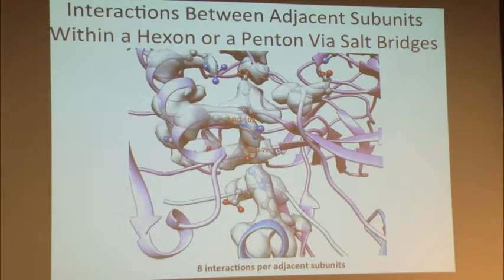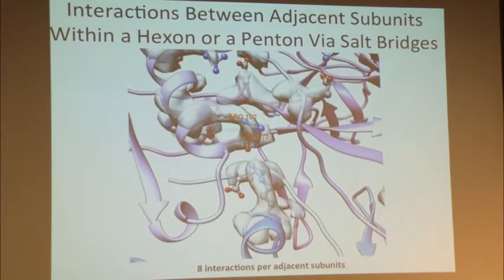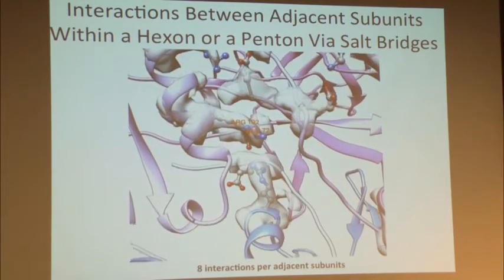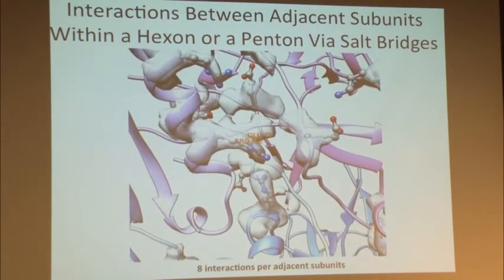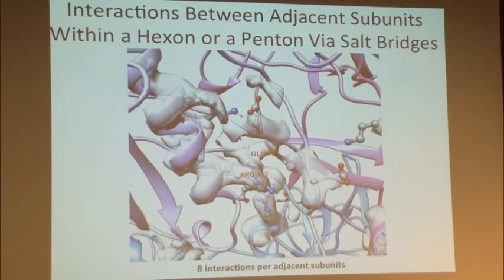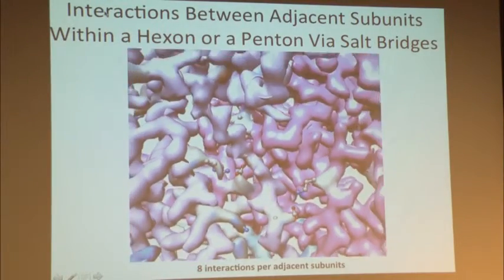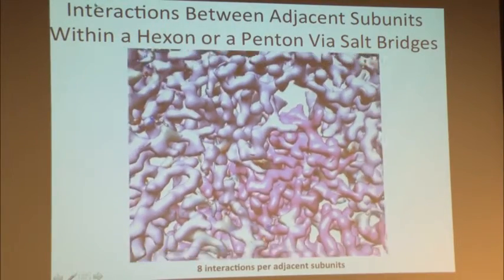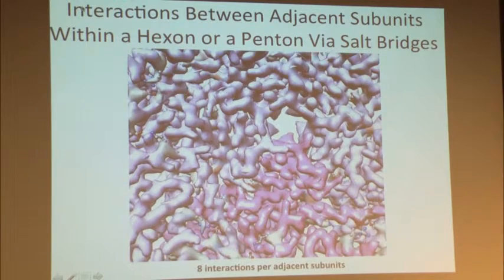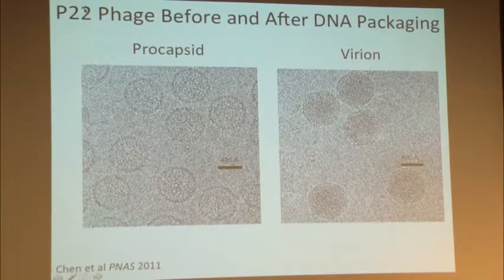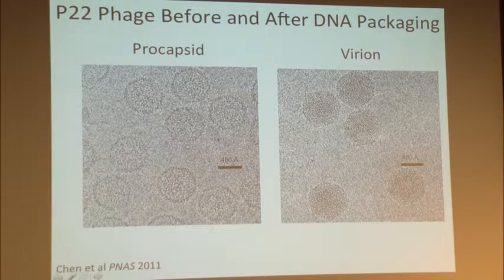Now, there are more detailed things that I don't want to bore you with, but one can learn more about the monomer interactions that form these kinds of capsid particles. Now, since I pointed out at the beginning, we could look at the virus particle. What I show you is this mature virion.